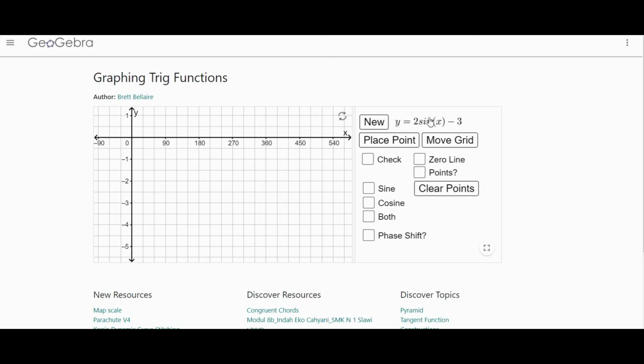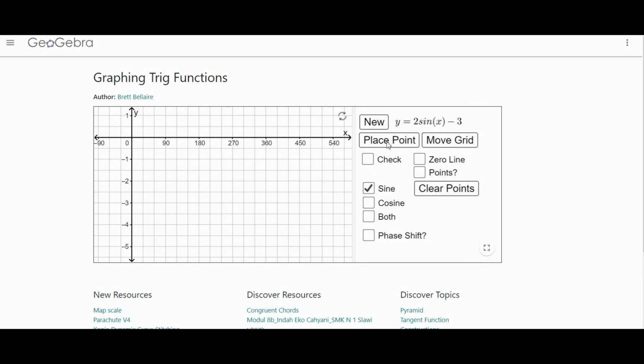Okay, you can tell it to give you questions that are just sine, questions that are just cosine, or flip back and forth between both. And for day 1, which we're doing right now of graphing, you don't want a phase shift on, but eventually we can add in the phase shift so you can come back to this activity when we start making it harder, and you can do that as well. Okay, so I'll leave it on sine for now.